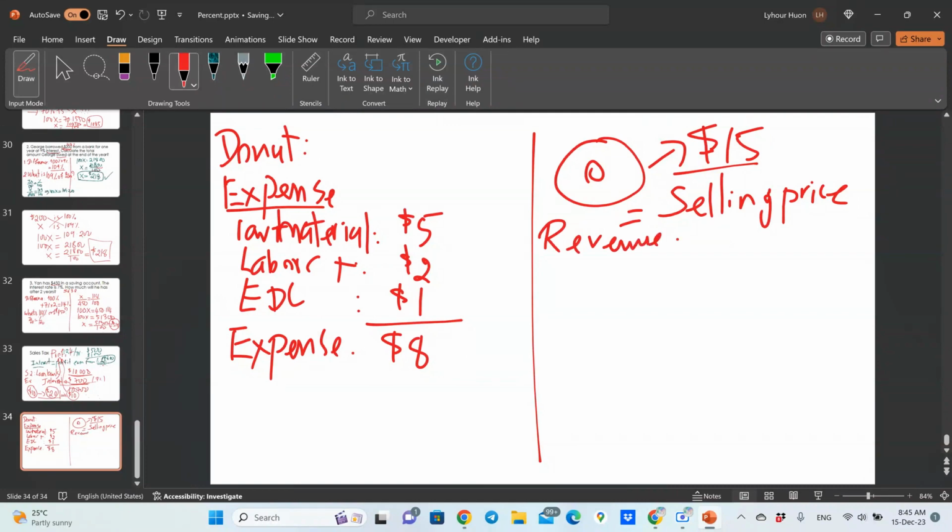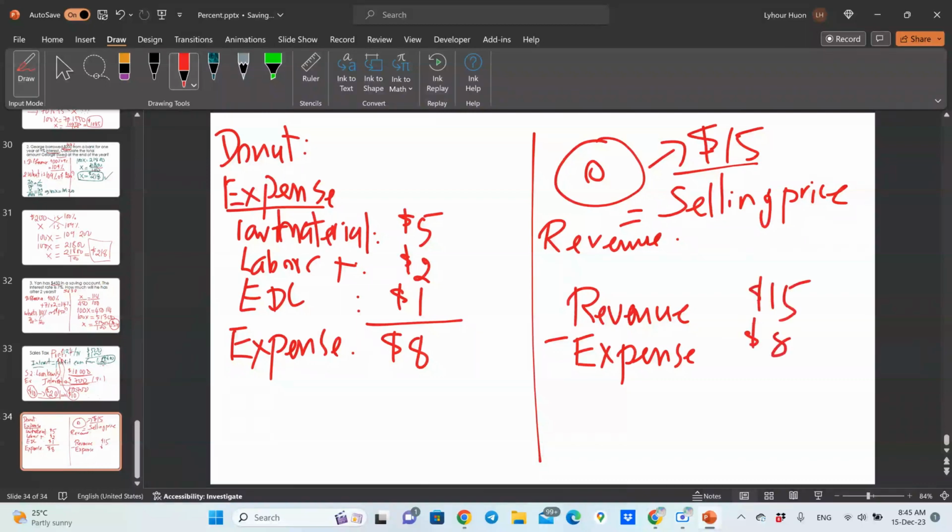So revenue minus expense, $15 minus $8. What is the result of revenue minus expense? Can you guess?